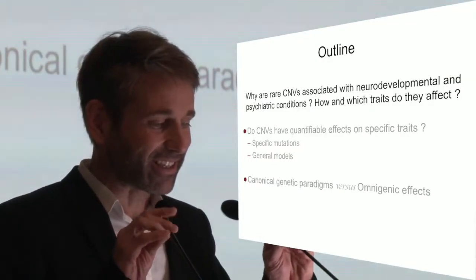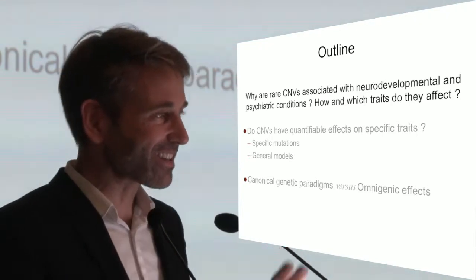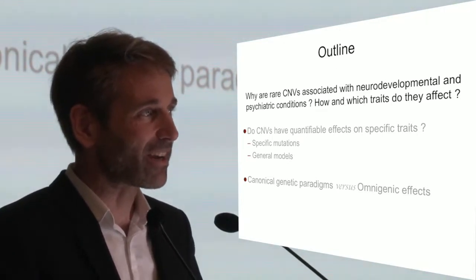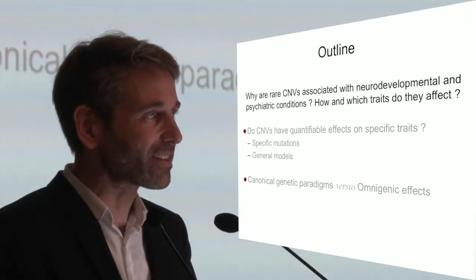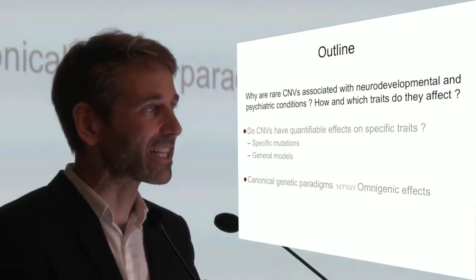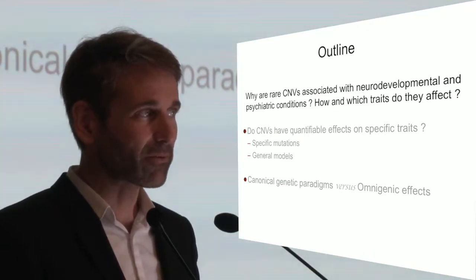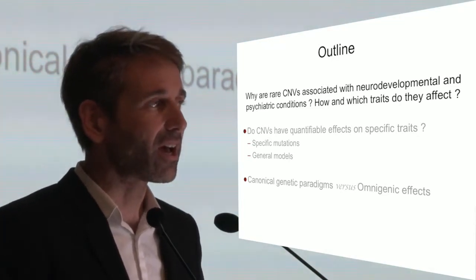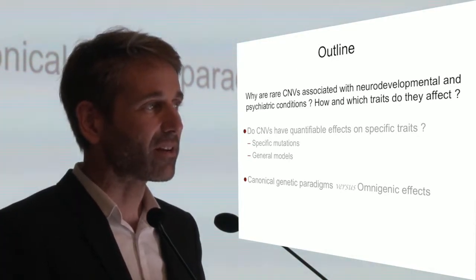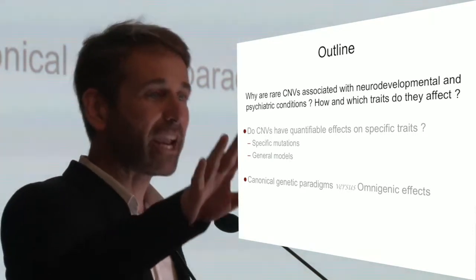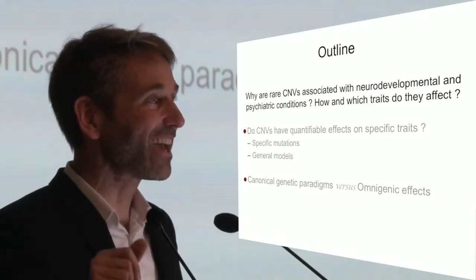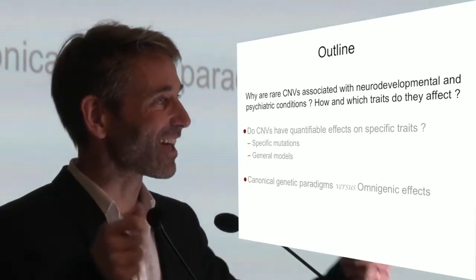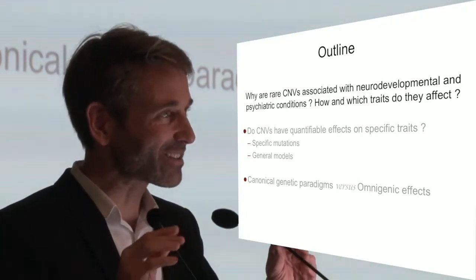So the outline of the talk is why are CNVs overrepresented in the patients that we see in the clinic? And it seems like a really naive question, but you'll see that it's actually a very complex issue, and except for the amazing work that Anne did, it's like a lifetime investment.